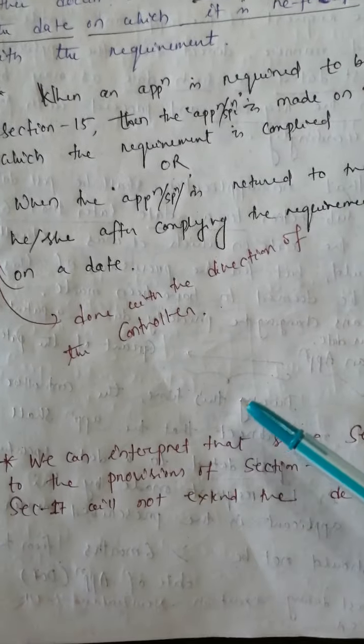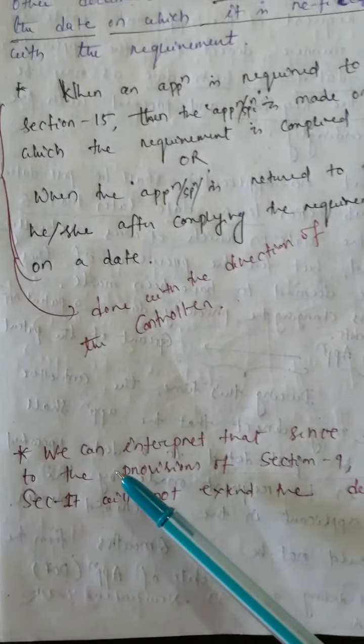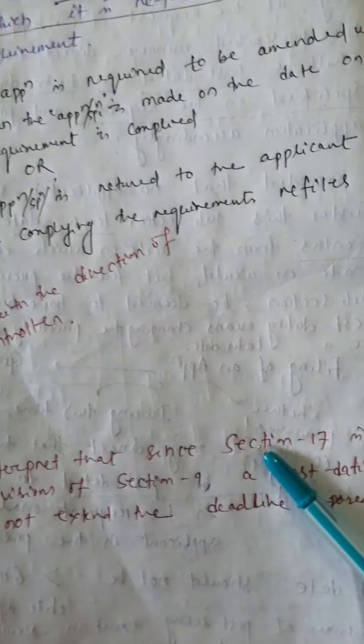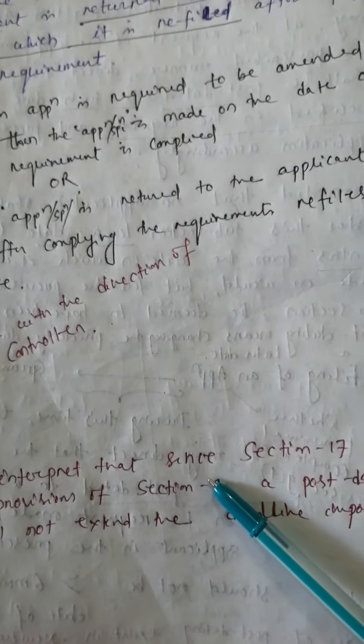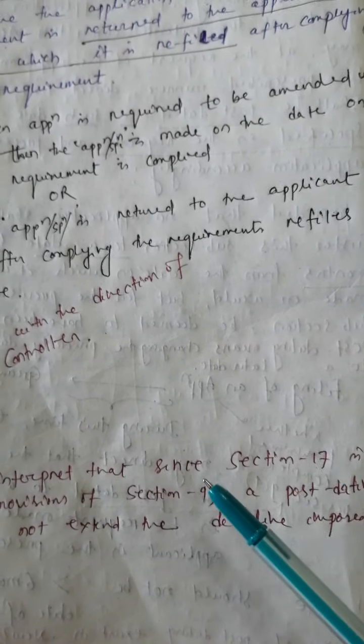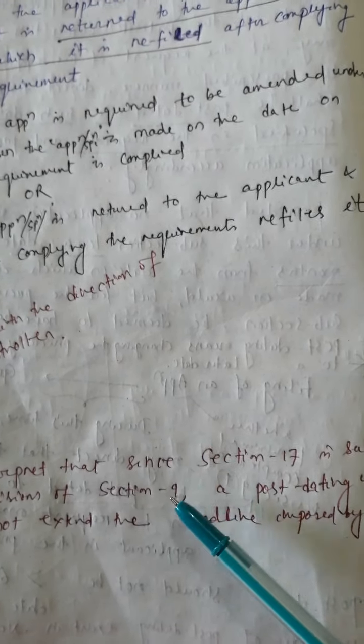I have written some more points here that we can interpret that since Section 17 is subject to the provisions of Section 9 that we have discussed earlier, that post dating thing is mentioned in Section 9 subsection 4.